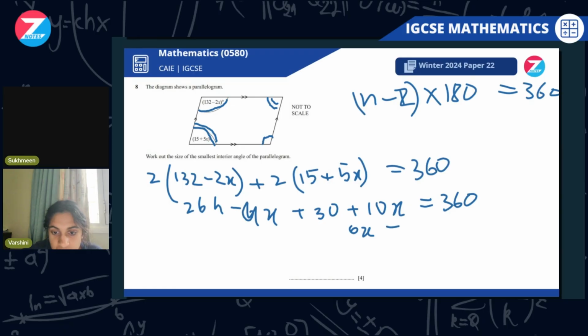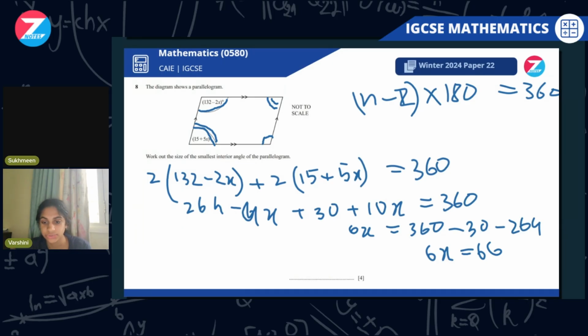So we equate this to 360, and we subtract the non-x terms, 30 and 264, from this side. It's going to be 360 minus 30 minus 264. If you work this out in your calculator, you'll get 66. So we get 6x equals 66.